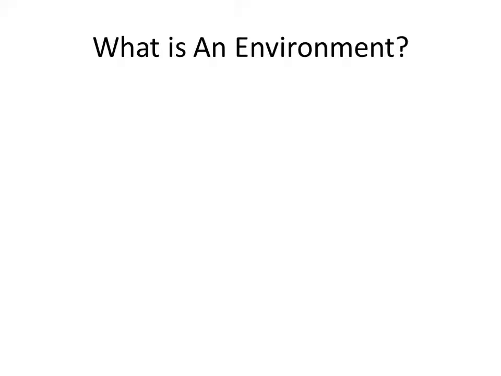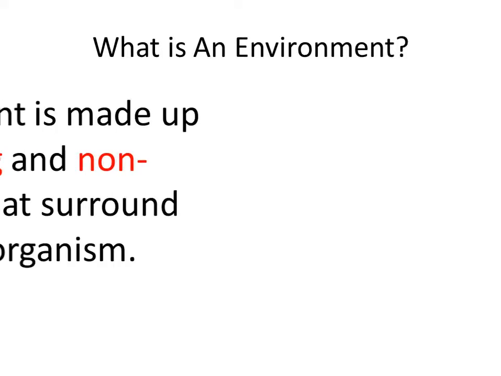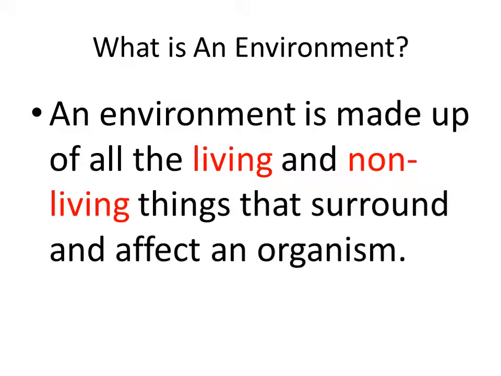What is an environment? An environment is made up of all the living and the non living things that surround and affect an organism. So, an organism, he's not living alone in the environment. He always has living things and non living things around him. What might the living things be?